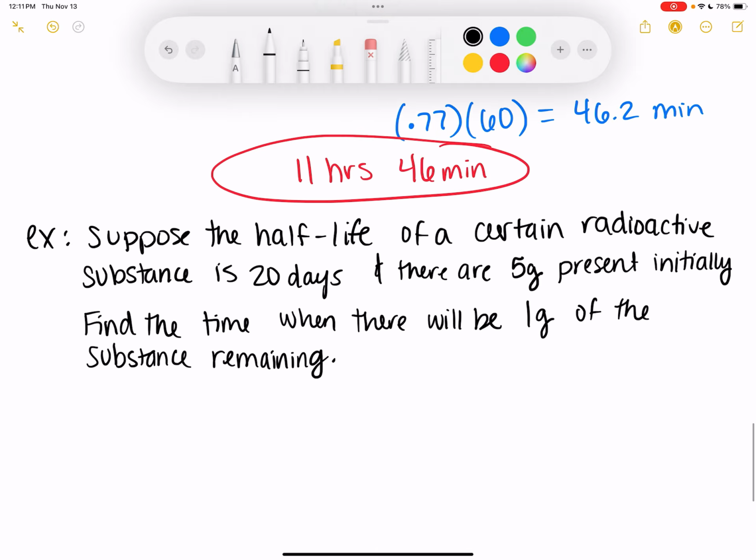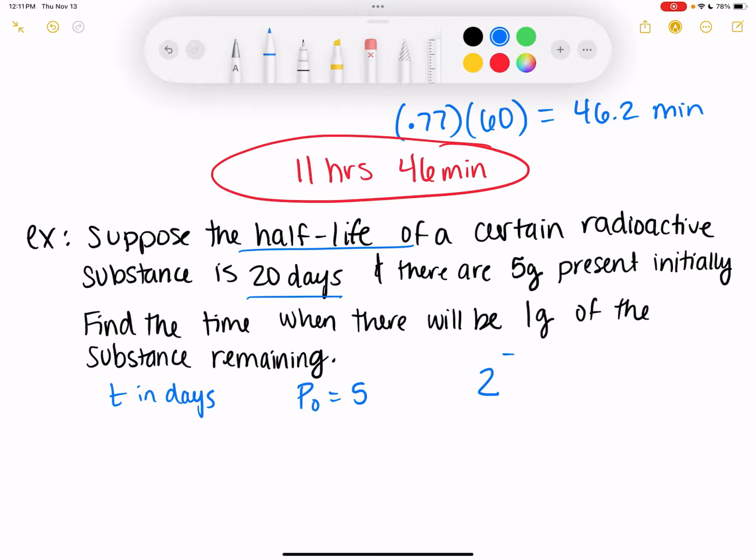So, notice that T is in days this time. So I'm going to note that here. The initial amount, so P0 is 5. We're looking at half-life of 20 days. So this is going to be, instead of writing it as 1/2, typically you're going to write it as 2 to a negative exponent. So I'm going to keep to that just so that your answers will be consistent with the book.